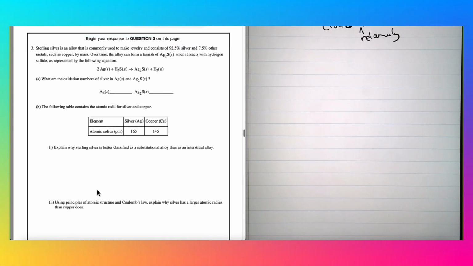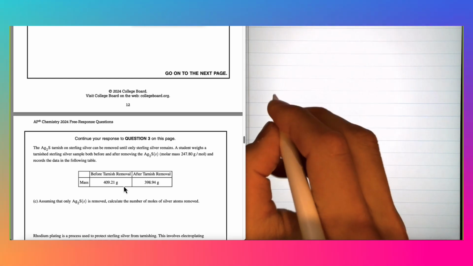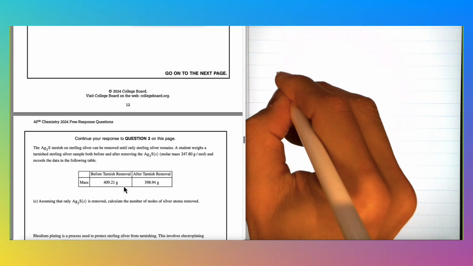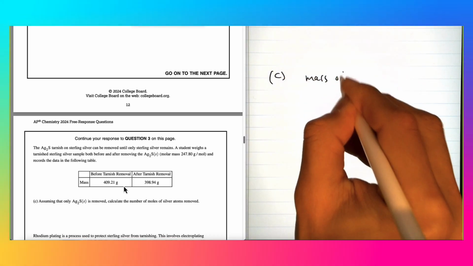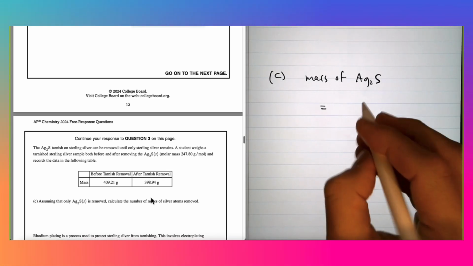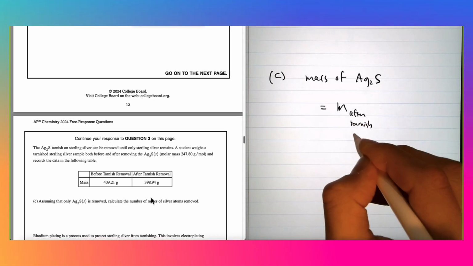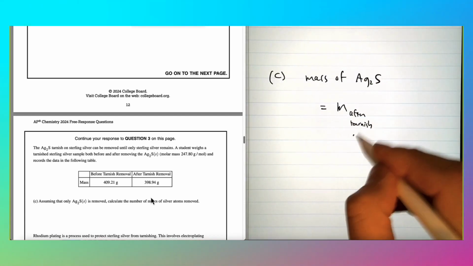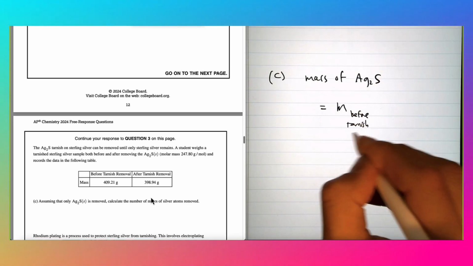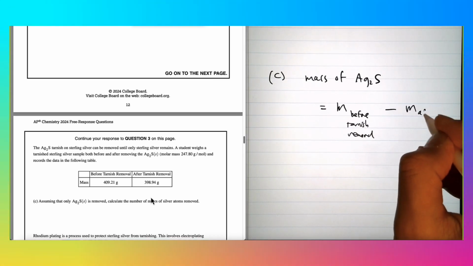Okay, so I'm first going to have to find the difference so I can find the mass of the Ag2S. So the mass of Ag2S is simply the mass before the tarnish removal minus the mass after the tarnish removal.